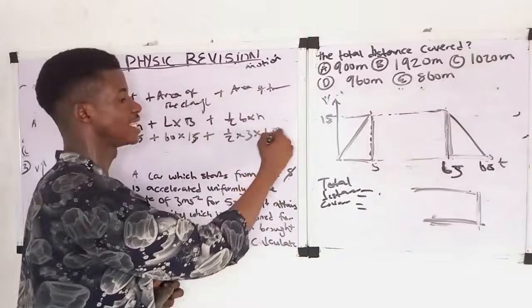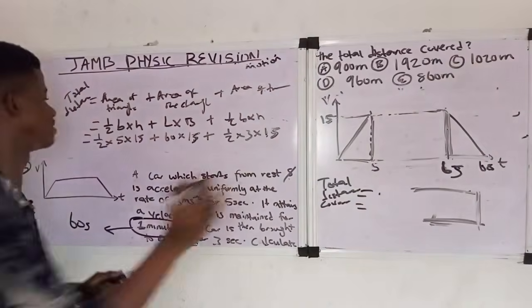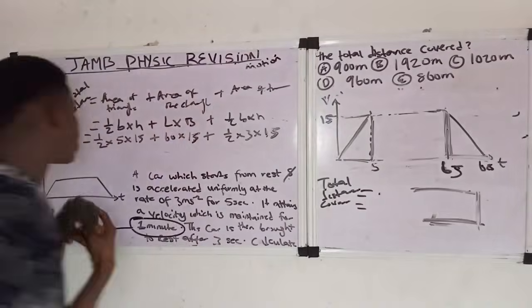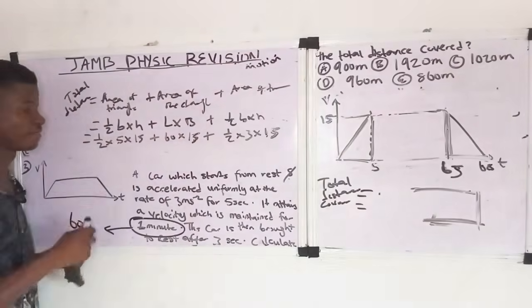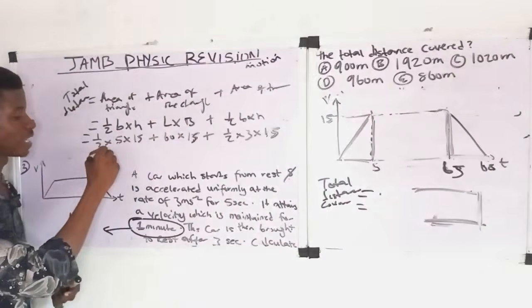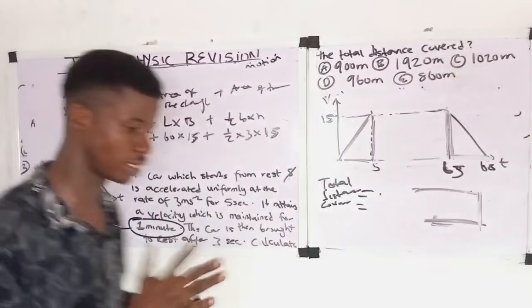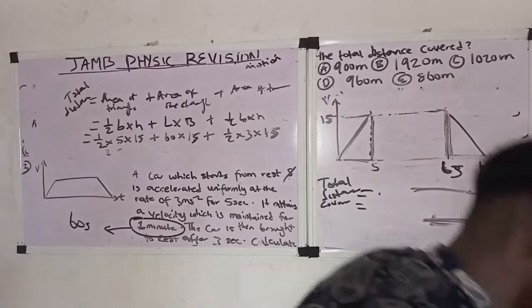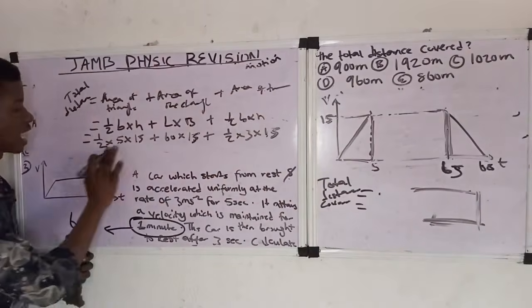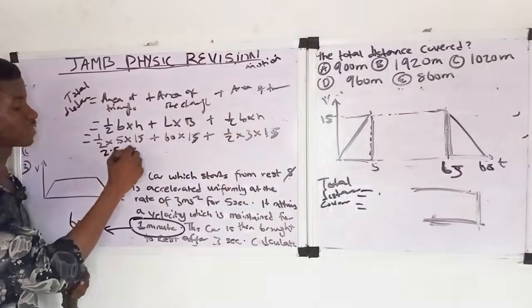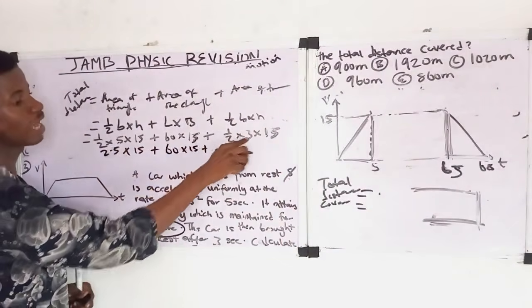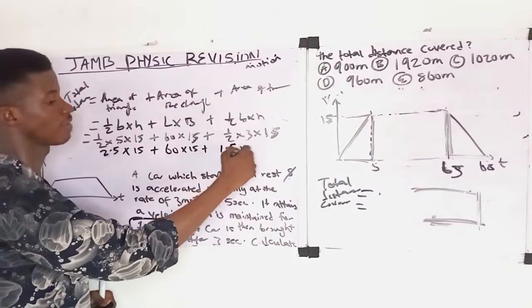If you have done it like this, we just add everything. So half times 5 is 2.5, right? Then 2.5 times 15, then plus 60 times 15, then plus half times 3 is 1.5, and 1.5 times 15.